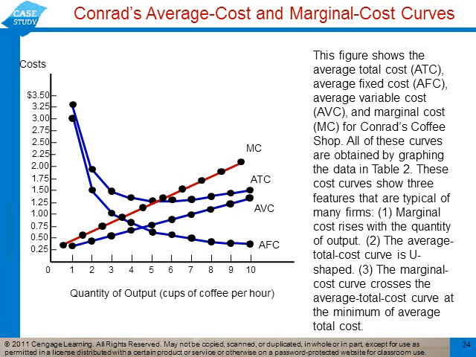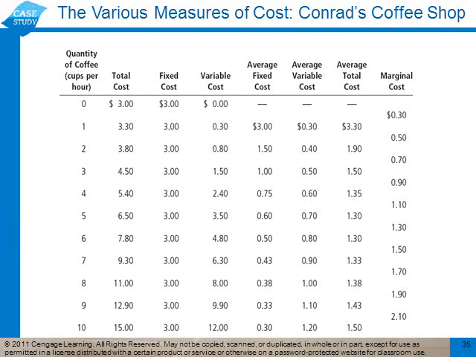So let me show you now in this chart exactly how you build all these numbers. Here you have the production, the output, that is the quantity of cups per hour, 0, 1, 2, 3, 4, etc. The total cost comes from the previous chart. Remember, the last column of the previous chart was fixed plus variable cost. You have here also fixed and variable.